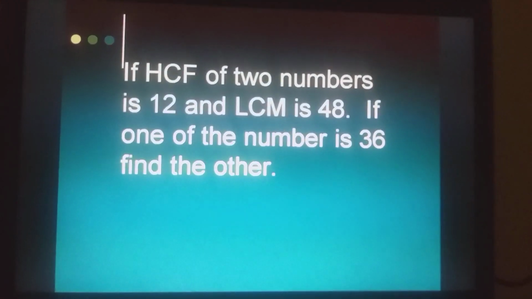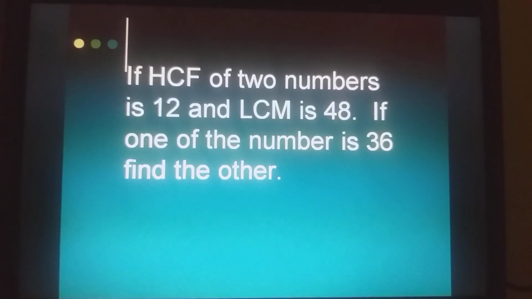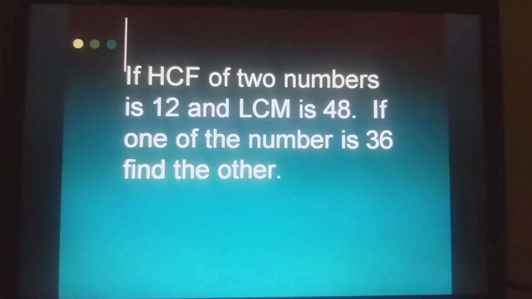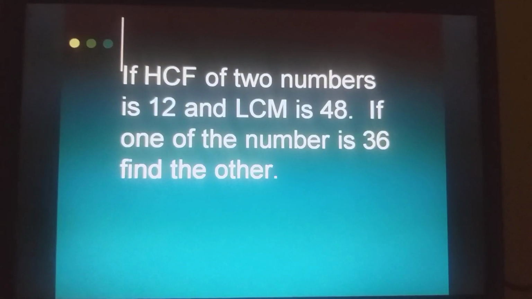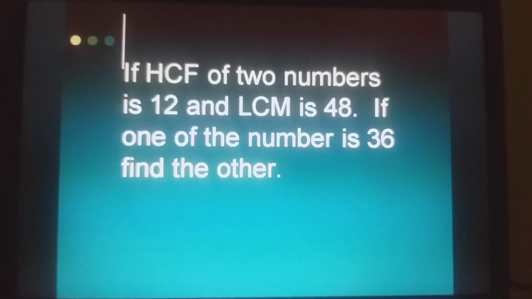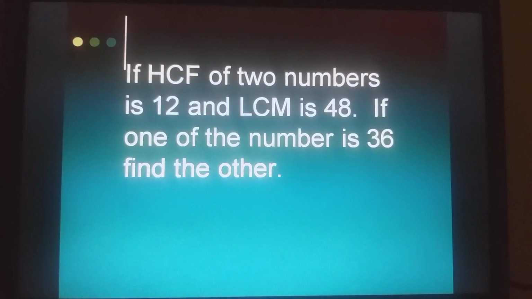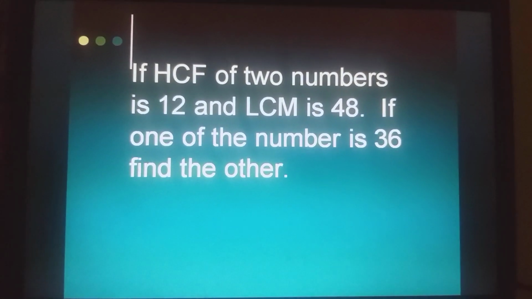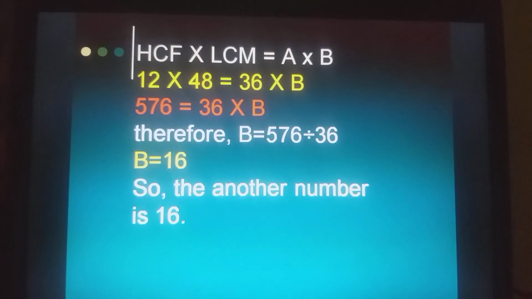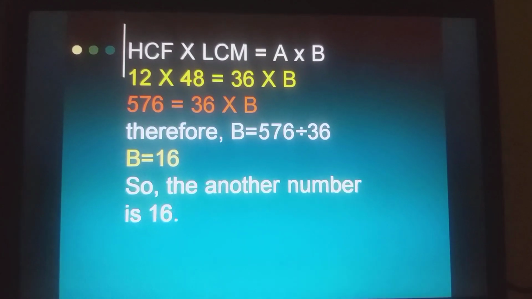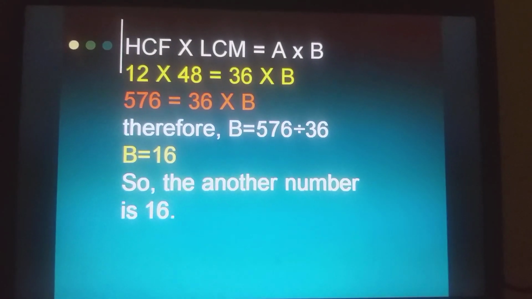What is our formula? Yes, our formula is HCF into LCM is equal to A into B, where A and B are two numbers. Here the first number is given, which is 36. Let us see how we will calculate the other number. HCF into LCM is equal to A into B. What was HCF? 12. What was LCM? 48. Is equal to A means the number.